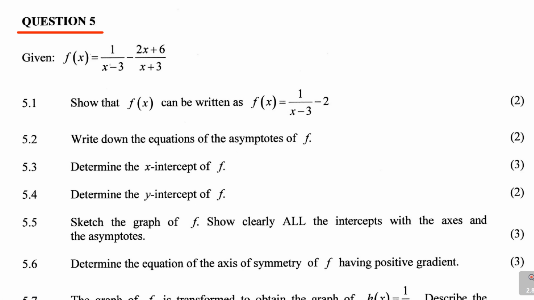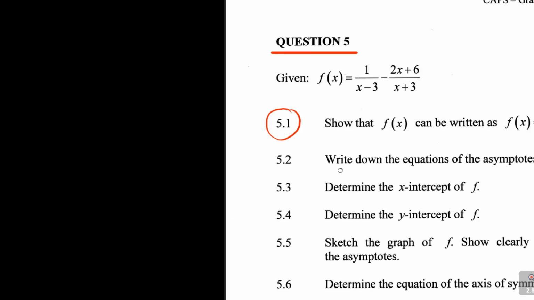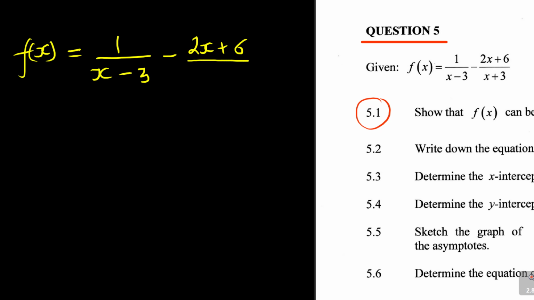Says you are given f of x is equal to 1 over x minus 3 minus 2x plus 6 over x plus 3. And then 5.1, show that f of x can be written as that. So what am I given here? I'm given like this, to say f of x is equal to 1 over x minus 3 minus 2x plus 6 over x plus 3.